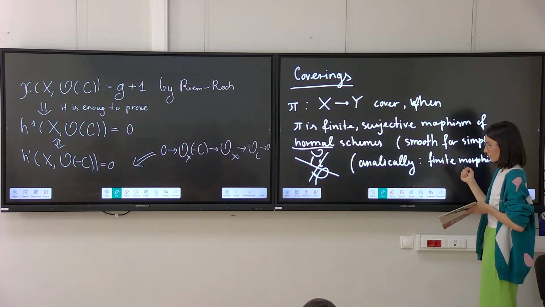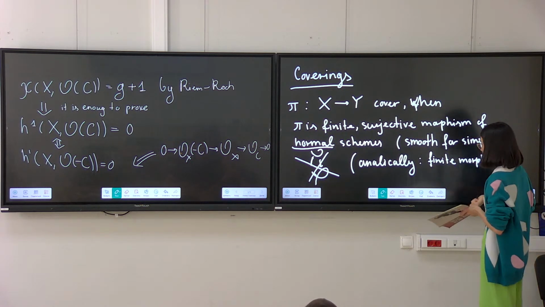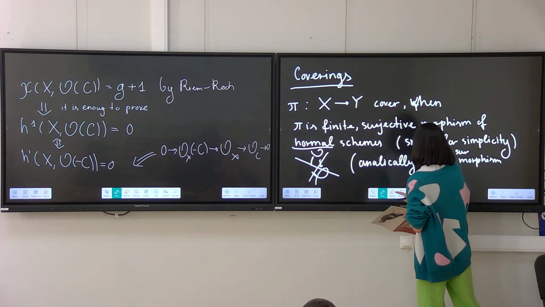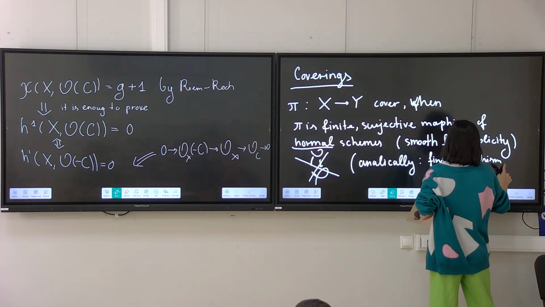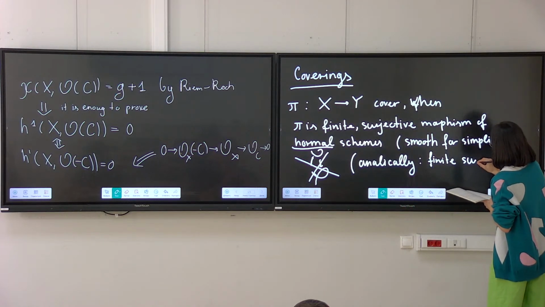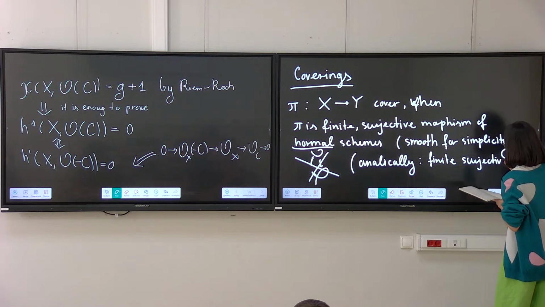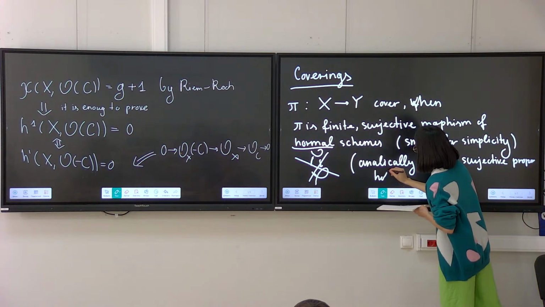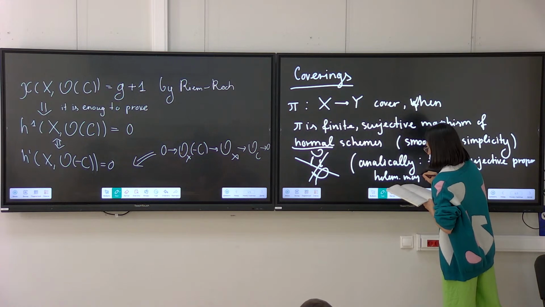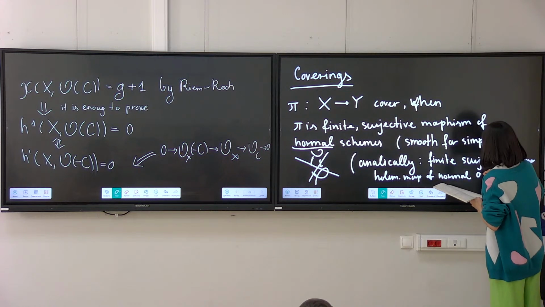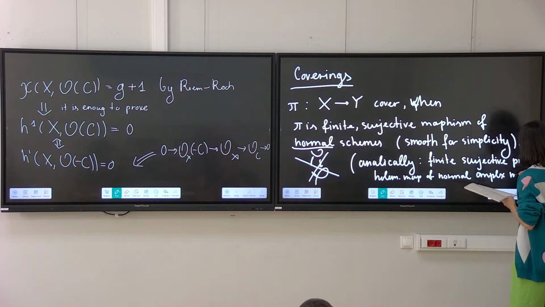When we discussed Kummer surfaces, we also discussed an analytic case of a non-projective torus. Okay?